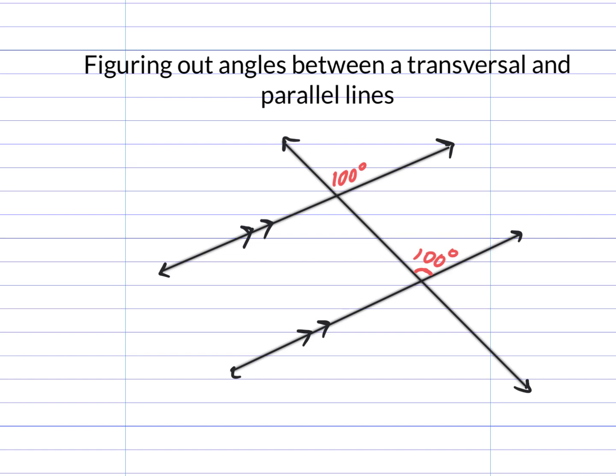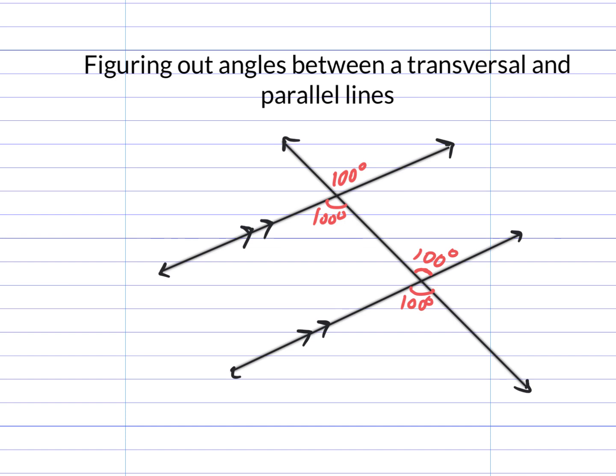These are both on the right side of the transversal in the upper right quadrant. And what else do I know? Well, I know that vertical angles are equal, so I can say this is also 100, and this is also 100.